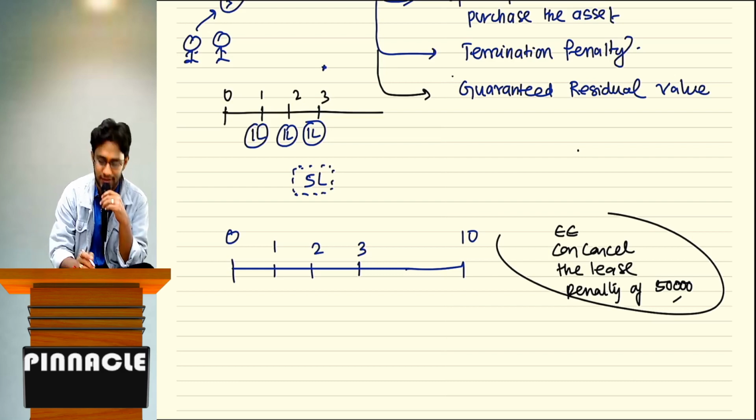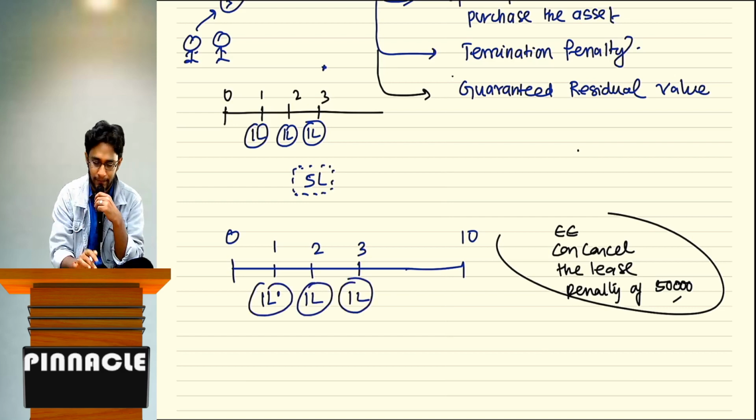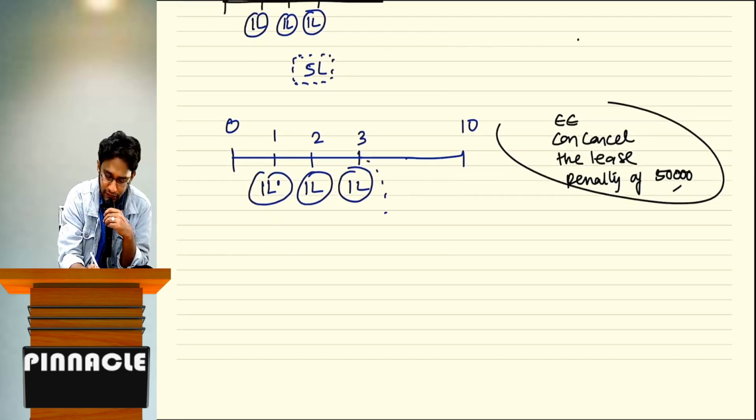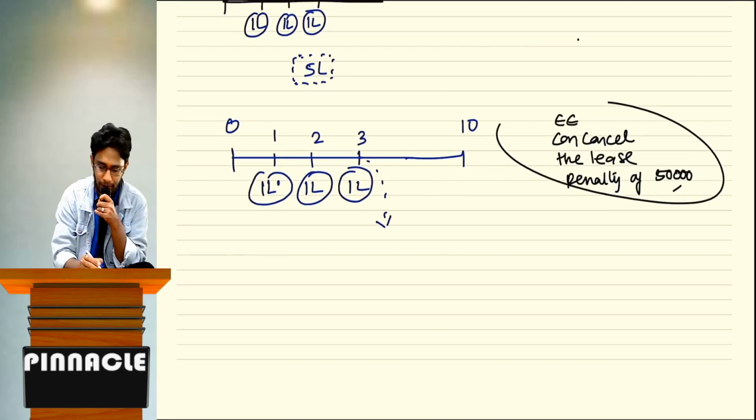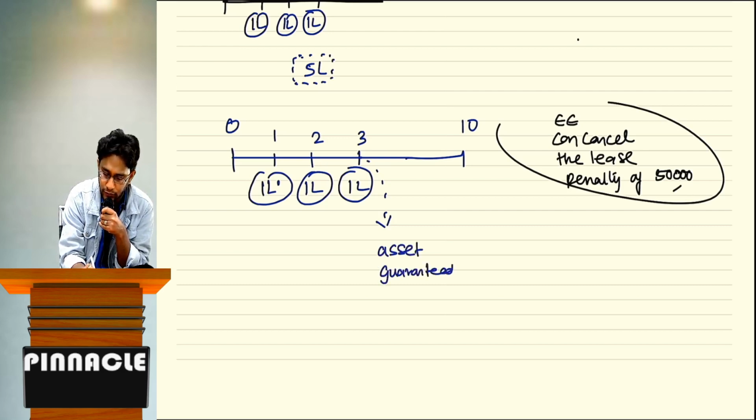So what the lessor says is, you pay 1 lakh, 1 lakh, 1 lakh lease rent, as anyway you will pay. Next, by the end of the 3rd year, which is the end of the lease term, you should ensure that the asset has a guaranteed value of, let us say, 5 lakh rupees.